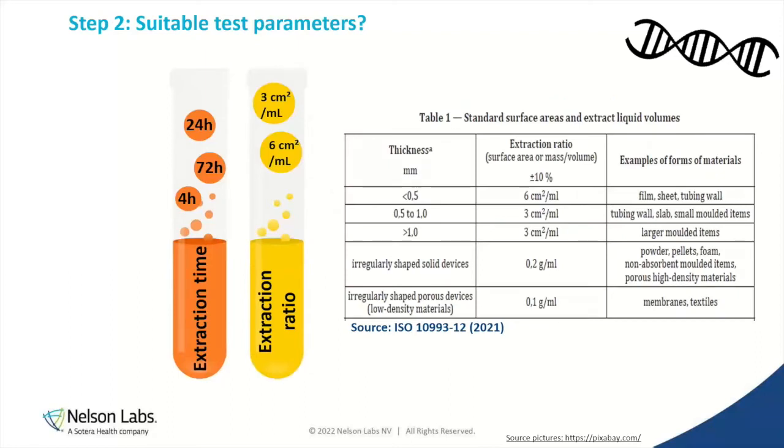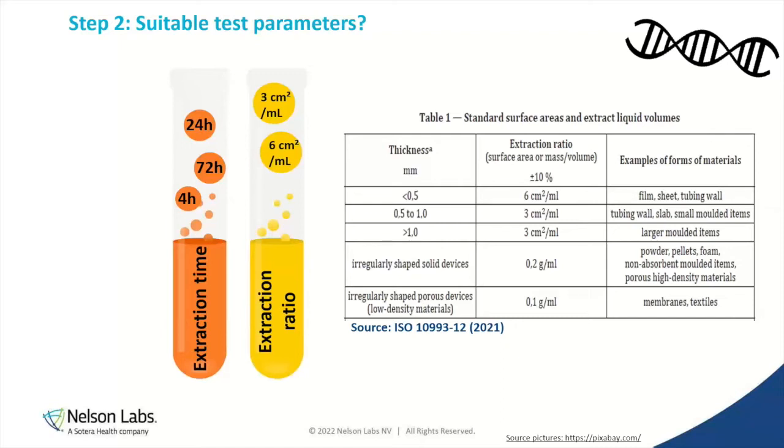Okay, so let's think about another part of the test parameter we want to consider, which is an extraction ratio. So when we prepare samples, we have to determine the ratio of sample to the extraction fluid volume. So the two main options used here are 3 centimeters squared per mil or 6 centimeters squared per mil. And you can see by this table that we have from the ISO 10993 Part 12 standard, which is all about sample preparation, that we determined that ratio based on sample thickness.